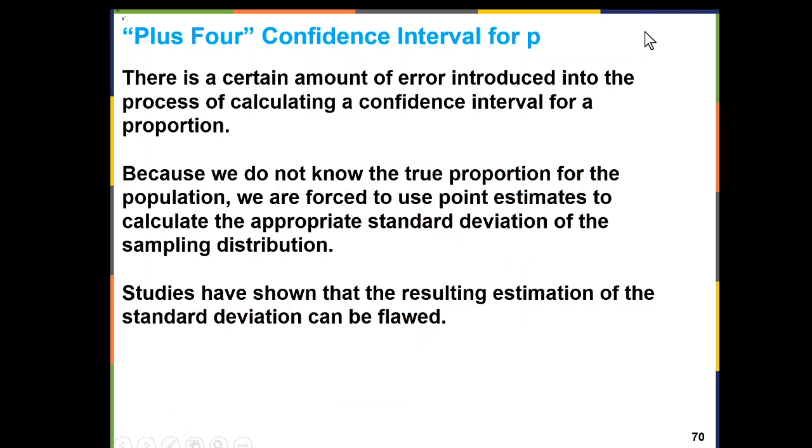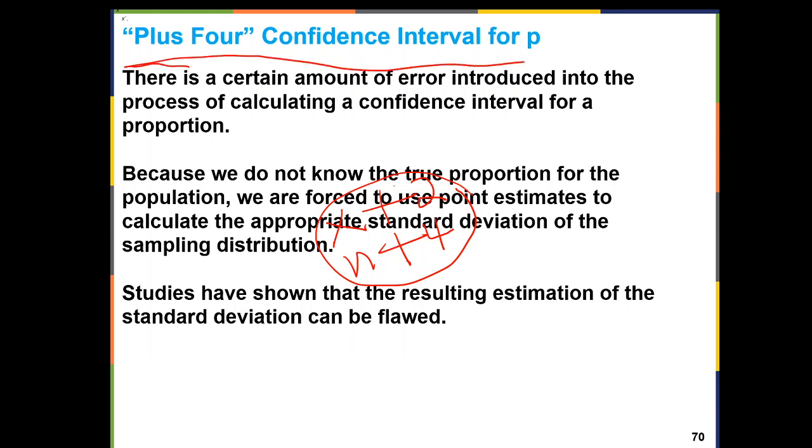All we have to do is add 2 to the number of successes and add 4 to n, and that's it. This method is called the +4 method, and computer studies have shown that this actually works. So it takes care of that error.